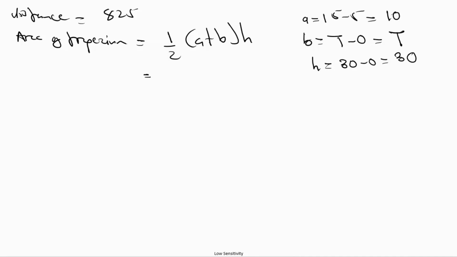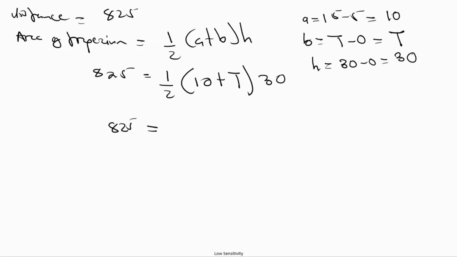So what we can now do is, 825 is going to be half, we said A is equal to 10, plus B, which is equal to T, times our height, which is equal to 30.